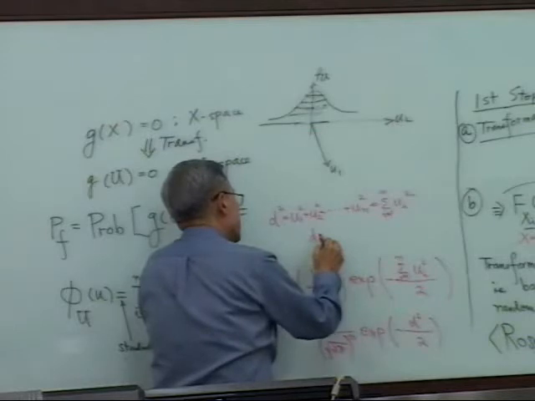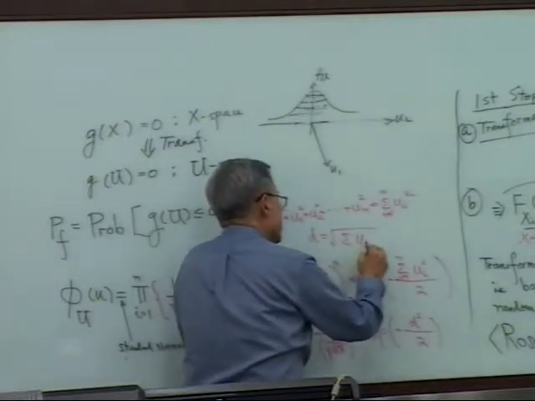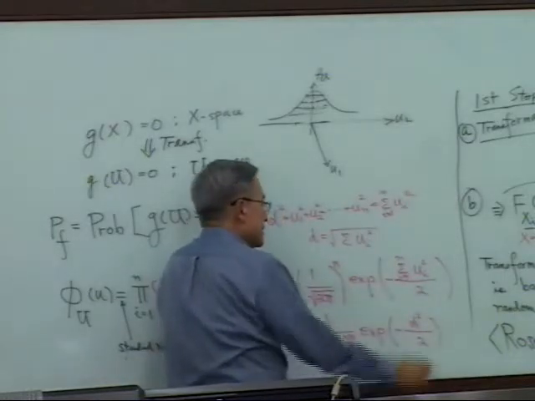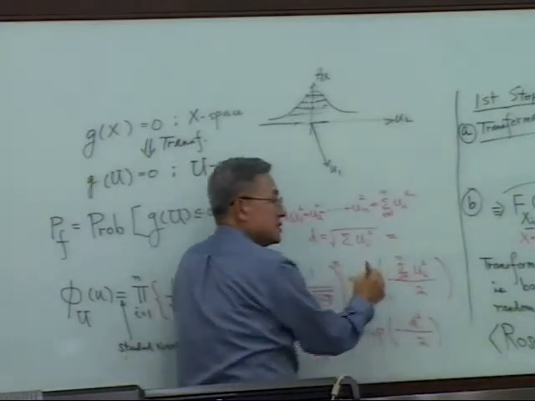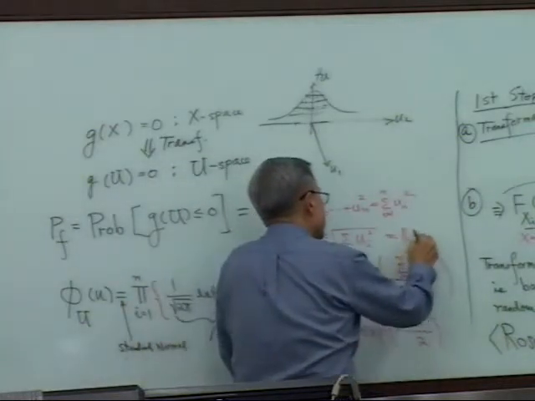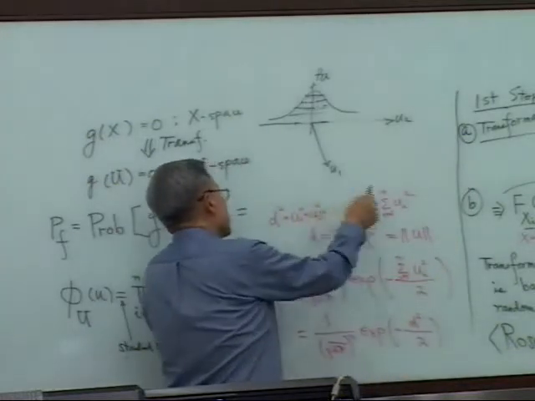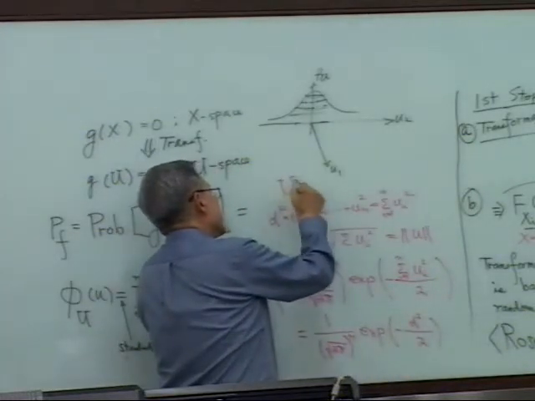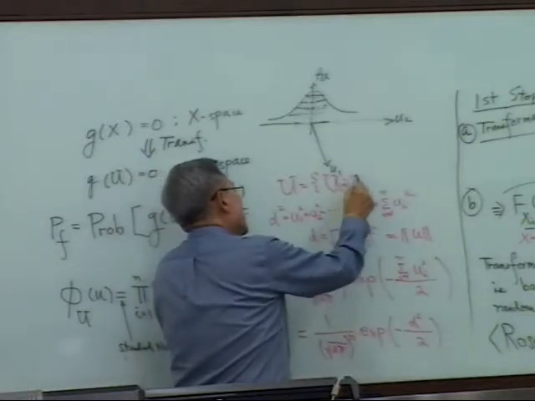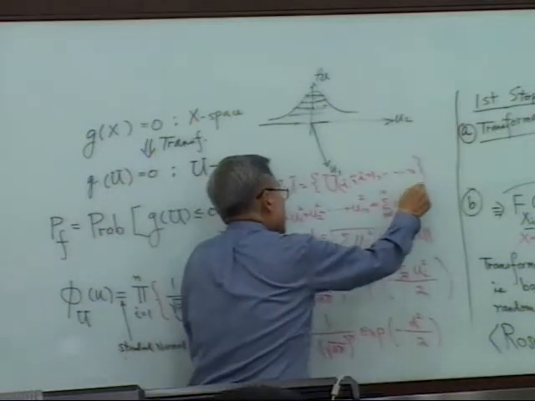So d is the square root of the sum of ui square, and this is nothing but the norm of u. So over here, u is equal to ui, i equal to 1 all the way through n.